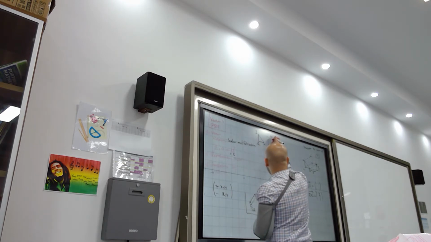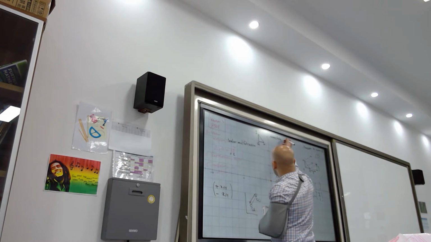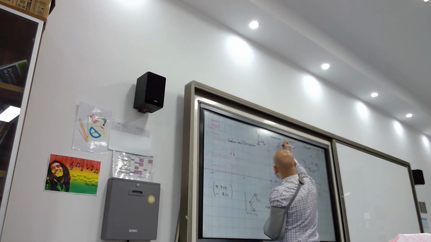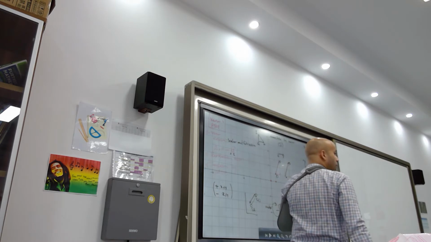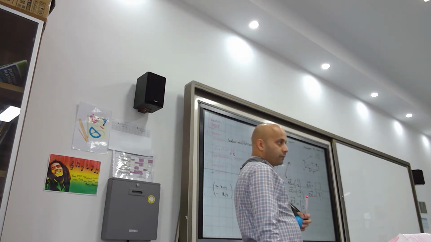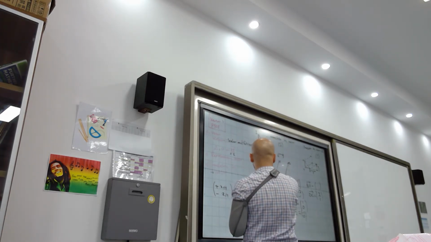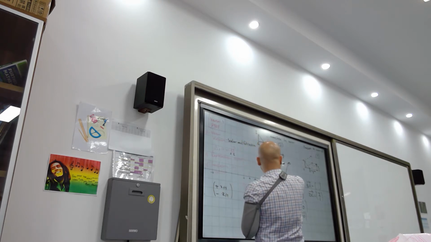We're gonna translate it by vector -1, -2. Where do you think the image is gonna be in here? I'm just gonna label them as well: 1, 2, 3, 4. This is 1, 3.